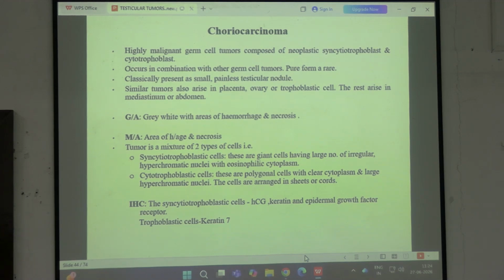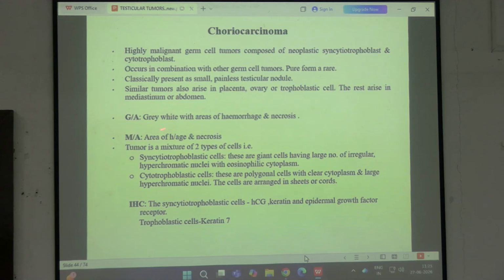How does it look? Again, gross appearance wise, it is grey-white with areas of hemorrhage and necrosis. Most of the other tumors will have areas of hemorrhage and necrosis because germ cell tumors are malignant tumors. It is rare only in seminoma, right?